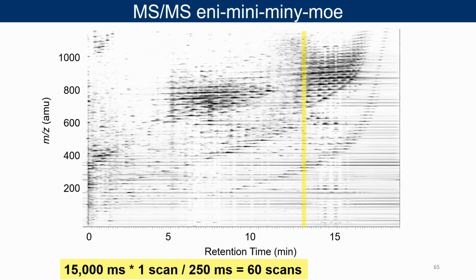So the issue here is that there's 400 features. So if you can only acquire 60 scans at the resolution you want, collecting the amount of intensity you want, then you're missing about 1/8 of the features in this case. Or sorry, you're only getting about 1/8. You're missing about 7/8 of the features in this case.